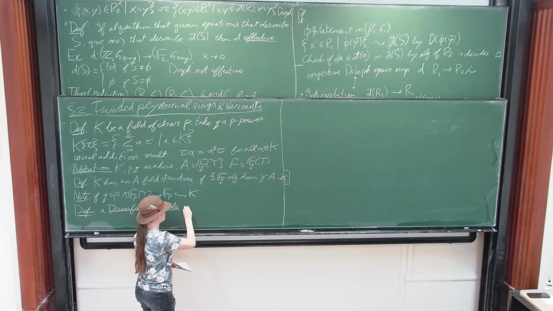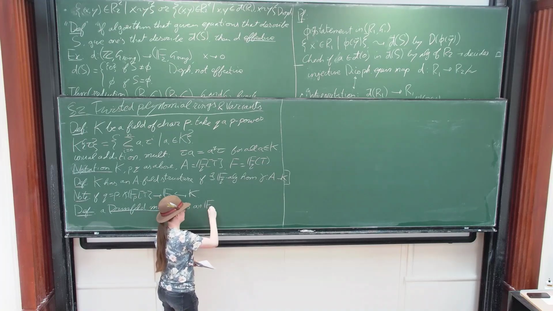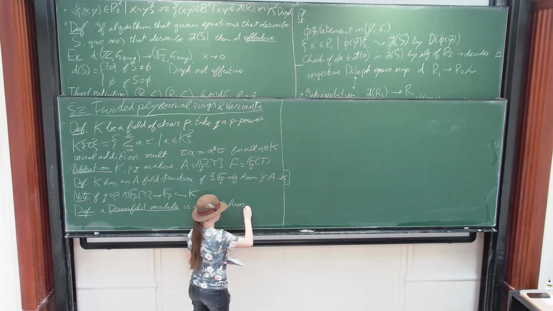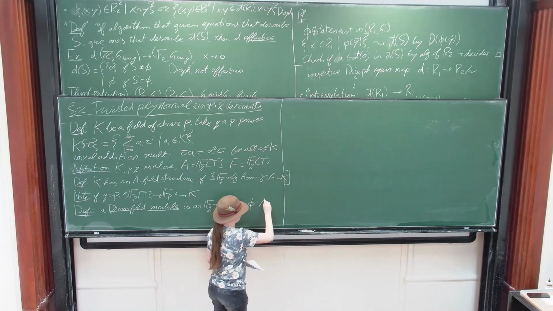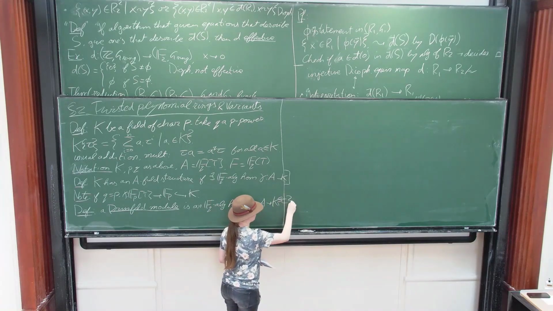A Drinfeld module is an F_q-algebra homomorphism phi. We start in A and we go to the twisted polynomial ring.